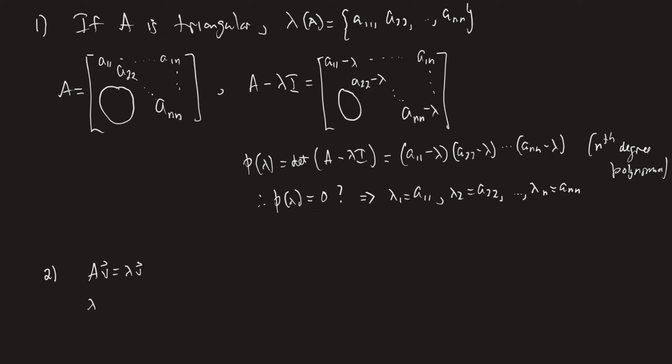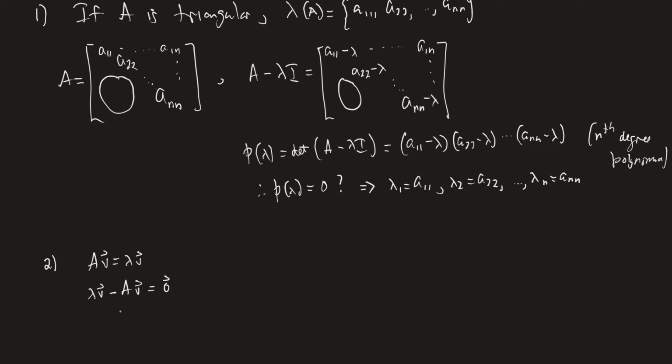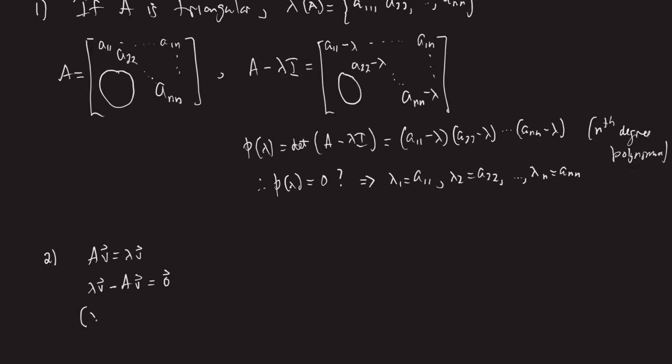We could say lambda v minus Av is equal to our 0 vector, and then end up with this sort of factorization. So you'll have lambda I minus A, that quantity times v, is equal to 0. And you'll see why I did it this way.